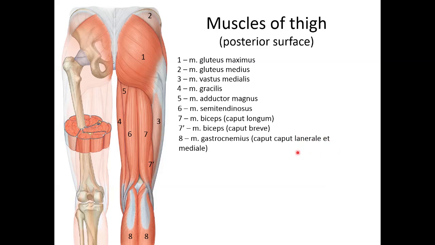This is a mistake, please correct it. Laterale, it should be written. So, the popliteal fossa is limited by 3 muscles: musculus semitendinosus, musculus biceps femoris, and musculus gastrocnemius, which has two heads, caput laterale and caput mediale.